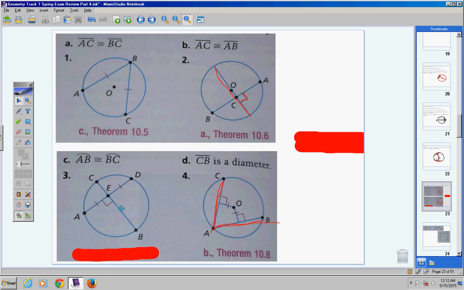So this diameter BC cuts another chord right in half, and it's perpendicular. Well, that means this chord right here is a diameter. So letter D would be with number 3. These are not super easy, I know that, but hopefully you're working hard and taking notes and trying to get all this in. Alright, moving on.